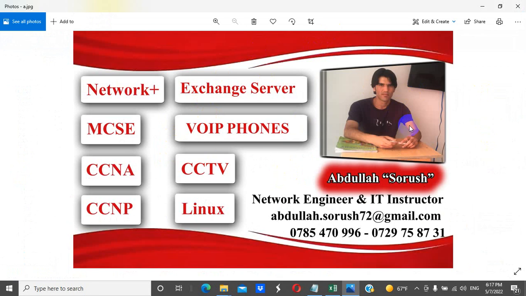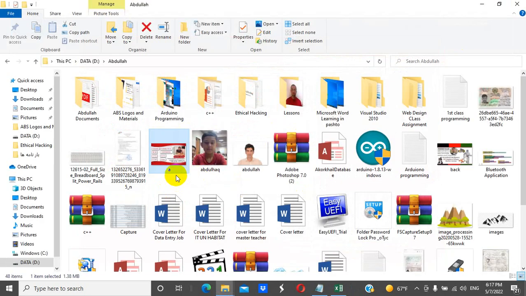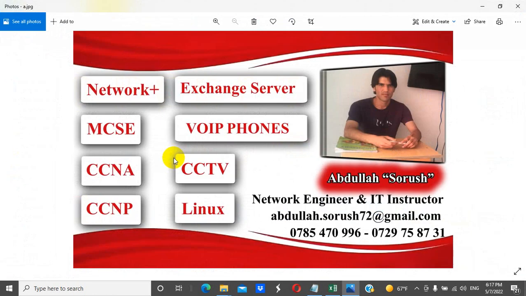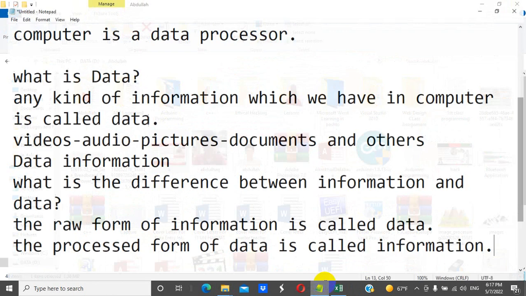Now this is information. Here it says Network Plus, Exchange Server, MCSE, Wi-Fi, phone, CCNA, CCTV, CCNP, and something else. We can see what this is. Now this is called information, and before processing this was data, and after processing it becomes information.